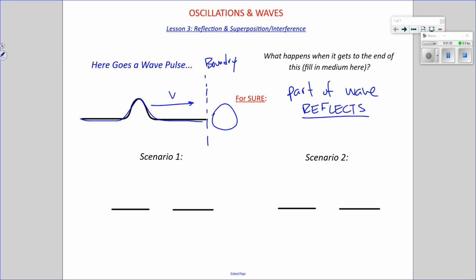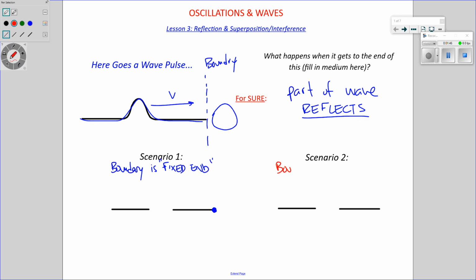But scenario one is the boundary is what's called a fixed end. I'll represent that like this. And scenario two is the boundary is a free end, and I'll represent that like this, open circle.